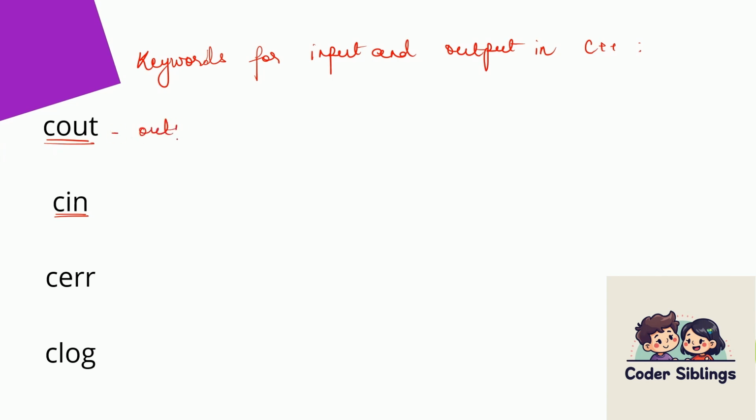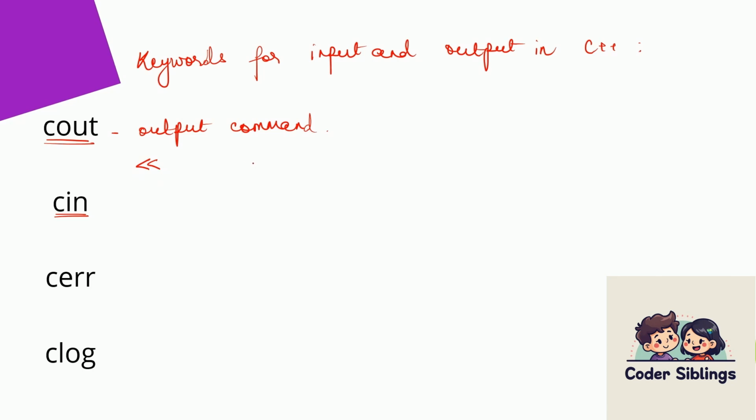So coming first to cout, this is for output. This is an output command, right? It is used with the operator. This is known as the insertion operator.